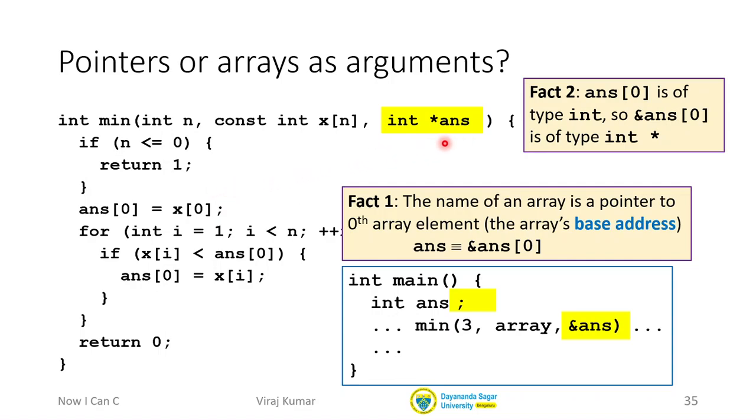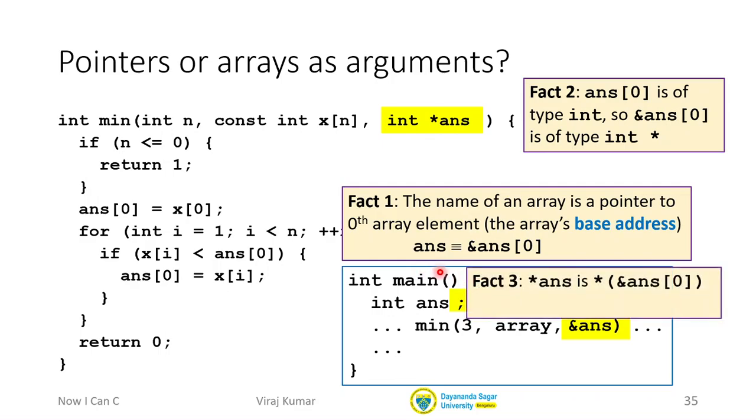Now you might wonder, well, this is a pointer to an int, but here we have used this array notation, ans[0]. Is that going to work out? It is going to work out once again because of this equivalence. So let's look at this equivalence again. Suppose we apply the star operator on both sides of this equivalence. So what is star ans? Well, star ans is obviously star of address of ans[0], because we know that ans is just address of ans[0].